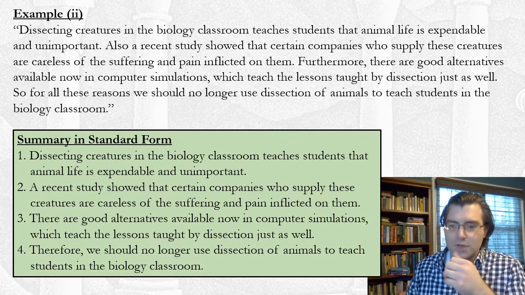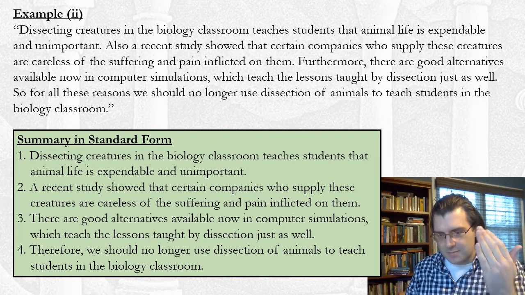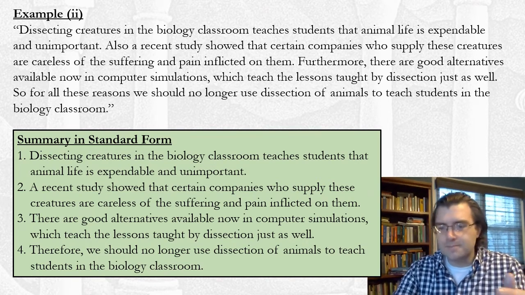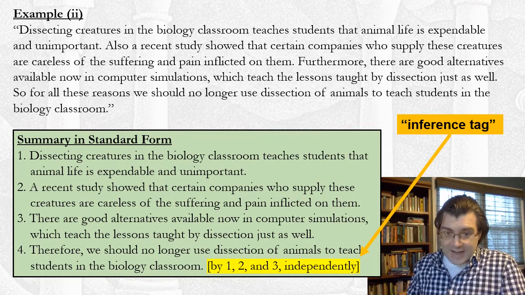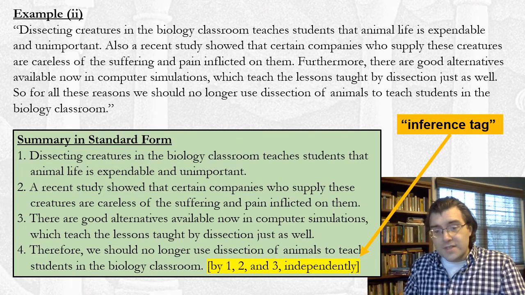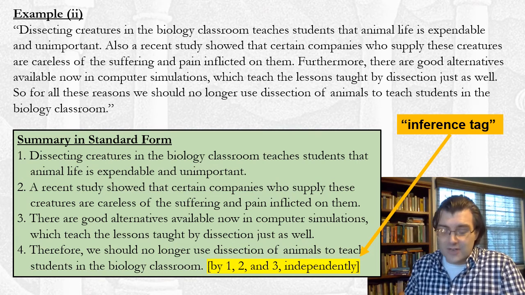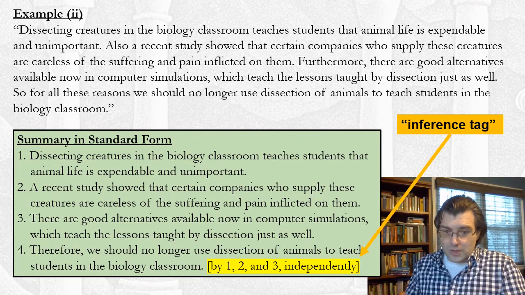Okay, so you can capture that, and you can capture each of the claims that's being offered as support for that last claim in the way I've done on this slide. And we can use our new technique of inference tags here as well, but notice that the structure is very different here. In this case, we have really 3 different bits of evidence, each of which independently supports the conclusion. By independent, I mean they don't rely on one another.